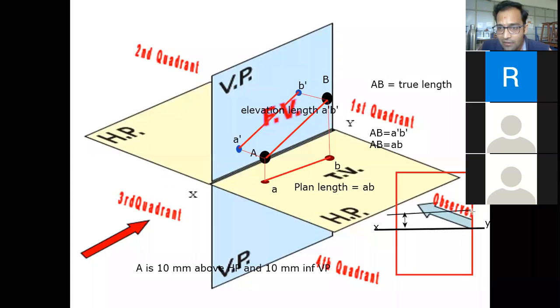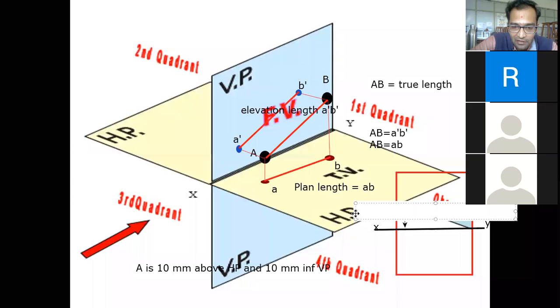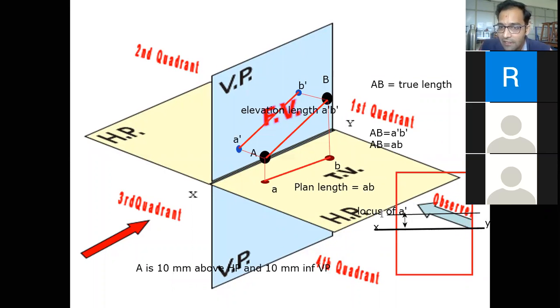This particular line is indicating all the possibilities of placement of A dash. So we are going to write that this line is representing the locus of A dash. There are infinite possibilities of positioning of A dash on this line.